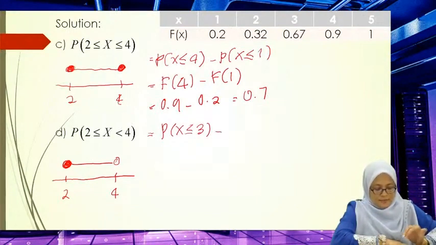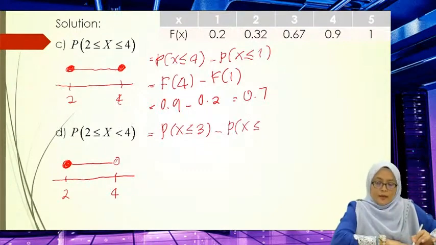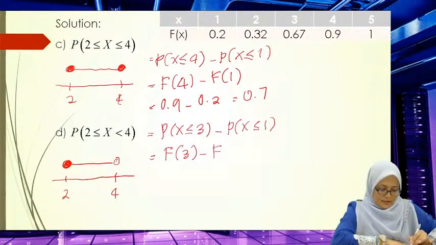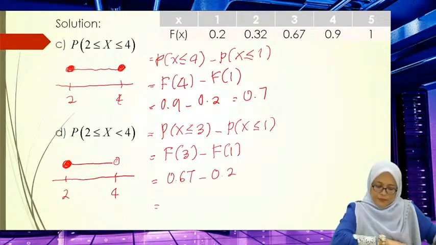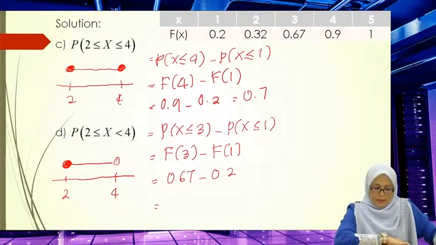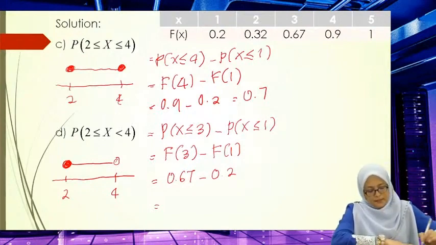So minus sebelah kiri nilai yang tidak termasuk dalam kita punya number line, X less than or equal 1. So means that kita akan dapat F3 minus F1. So F3 is 0.67 minus F1 is 0.2. So kita akan dapat nilai 0.47.